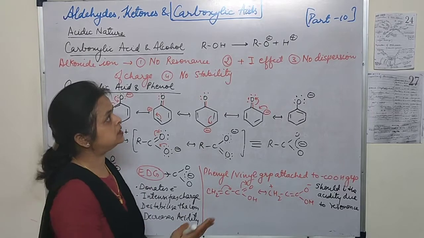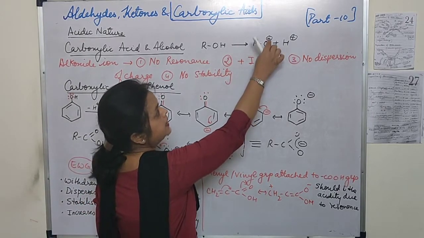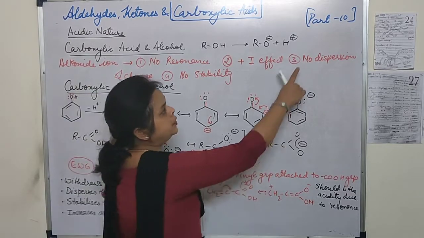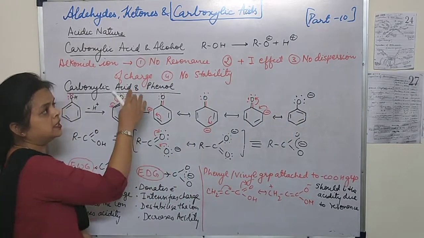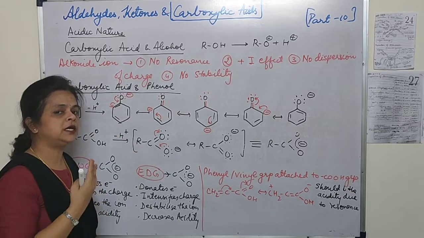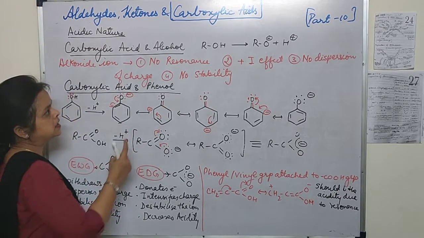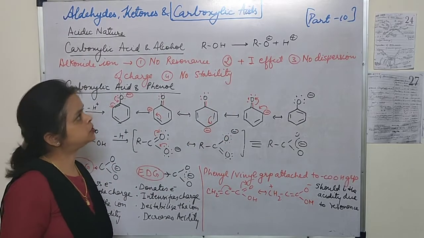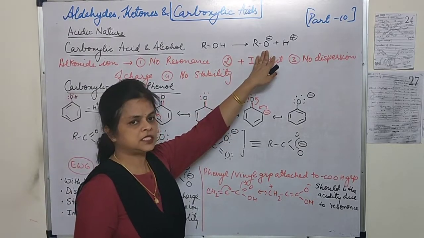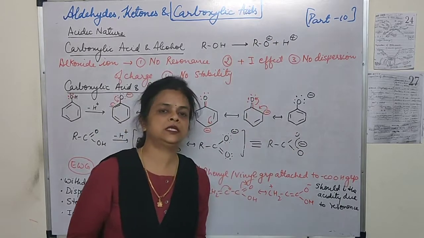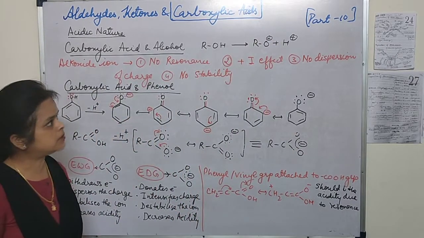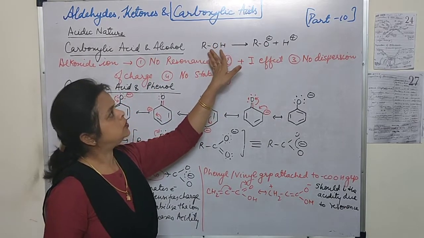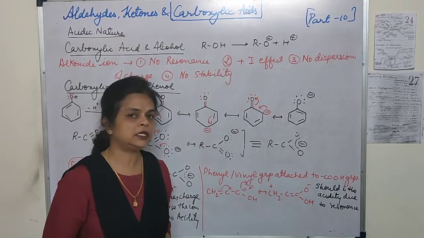That means it is pushing electrons towards the oxygen and intensifying the negative charge which is already there. No dispersion of charge. Instead of dispersing the charge, they are intensifying it, and therefore there is no stability. Because of the alkyl group, it is not stable. So on the whole, we can say the alkoxide ions are not stable. So their reaction does not go in this direction. Alcohols do not easily form alkoxide ions.